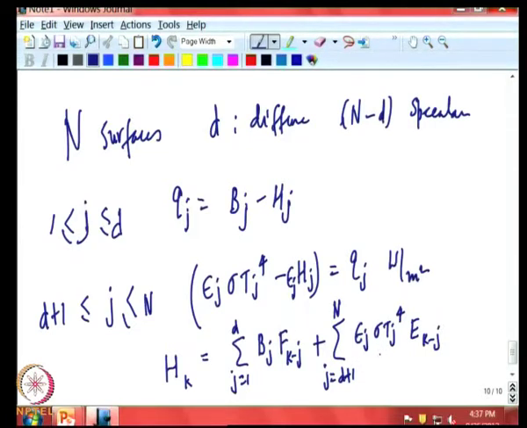In specular reflectors, you are looking at the emission from surface j differently from the reflection from surface j, and you are carrying through all the reflected terms separately and putting them in E_kj.